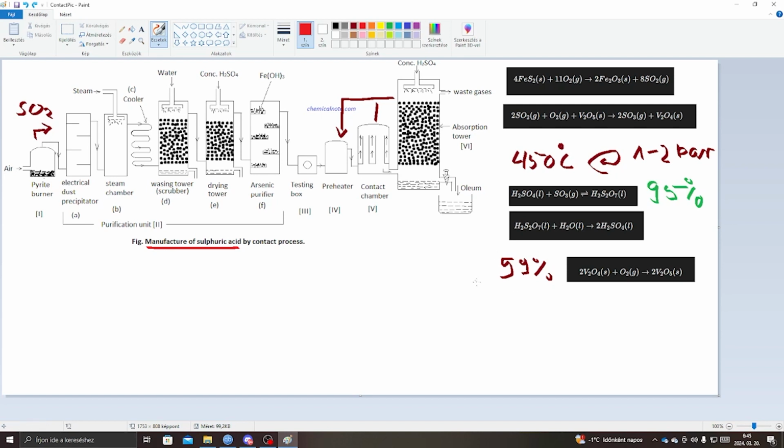So with this, they can achieve 99% efficiency, with 99% of all the sulfur dioxide converted into sulfuric acid.